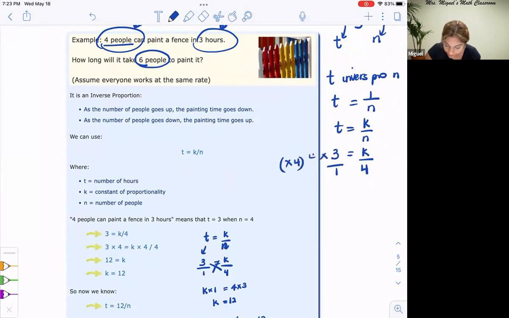So if I multiply here by 4 and I multiply here by 4, K is equal to 12. So we want to know how long it will take for 6 people.